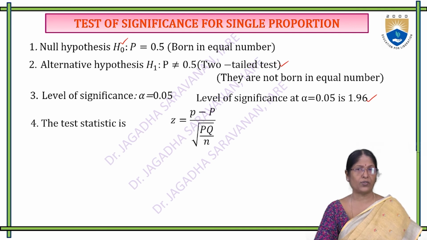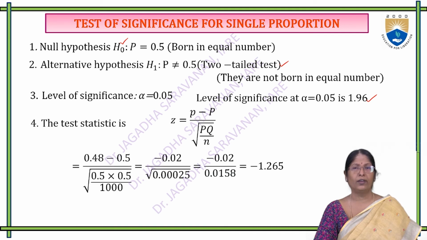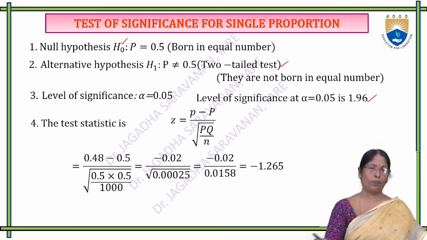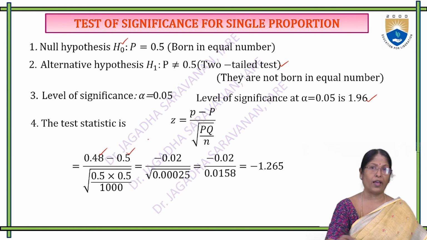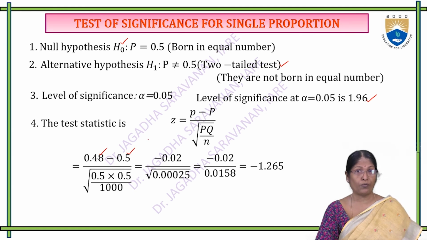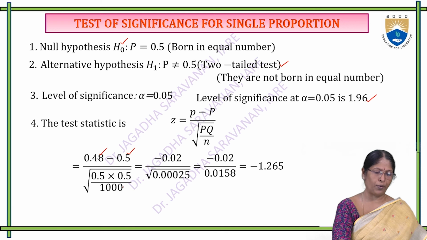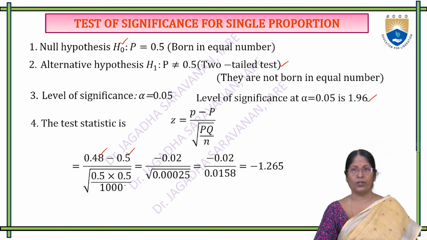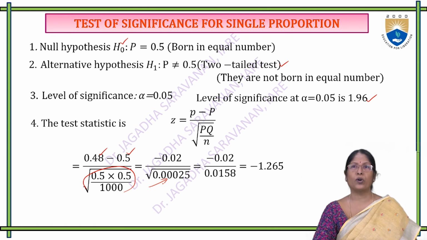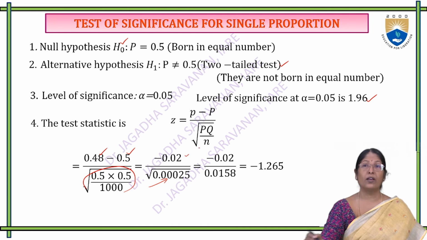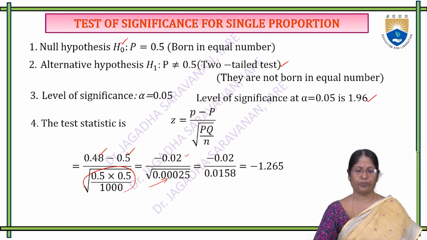The test statistic is z equal to small p minus capital P divided by square root of pq by n. The substitutions: small p is 0.48, capital P is 0.5, divided by square root of 0.5 times 0.5 divided by 1000. So the denominator calculation is square root of 0.00025, whereas the numerator is minus 0.02.